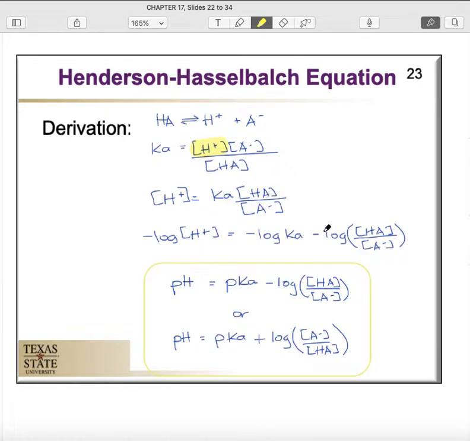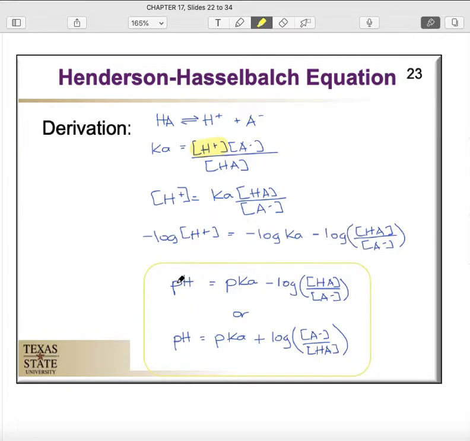Since in this case it's a negative log, it's plus a negative, so it becomes a negative. From here, we already know that the negative log of the hydrogen ion concentration is equal to the pH. Similarly, the negative log of the Ka is equal to the pKa. And the last part we leave as is.